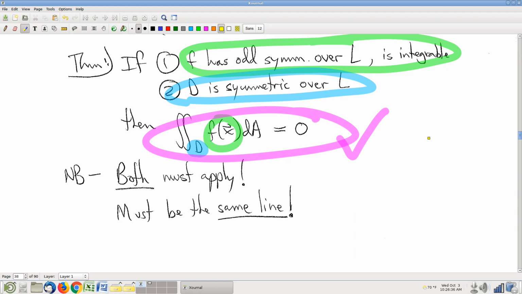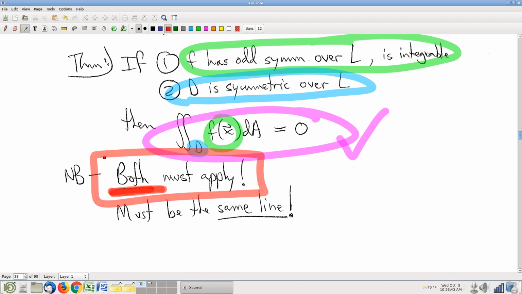And we're going to see several examples coming up here. But both of these conditions must apply. What I see all the time happen on exams is for students to see a nice, pretty symmetric domain and just sort of figure, oh, look how symmetric that domain is. The integral must be 0 by symmetry, but they forget to check whether the function's odd.